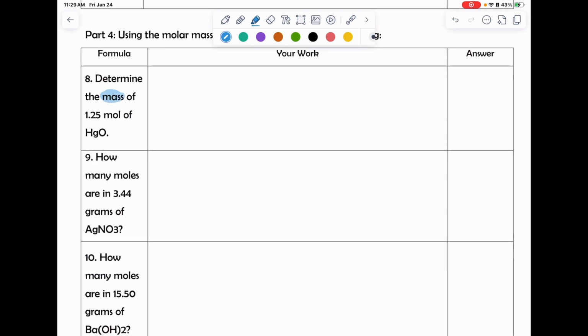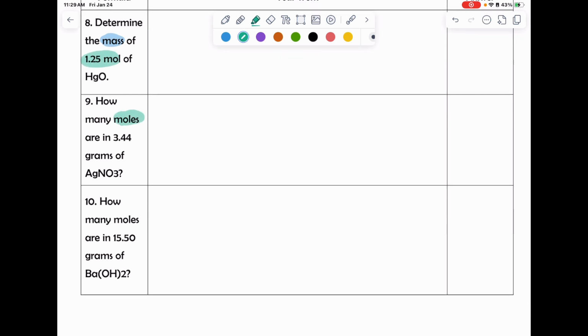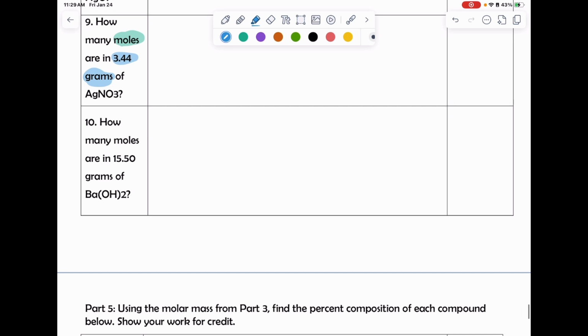So we need to find the mass of this many moles. How many moles are in 3.44 grams? Grams are mass, that's why I'm highlighting it blue. How many moles are in 15.5 grams?